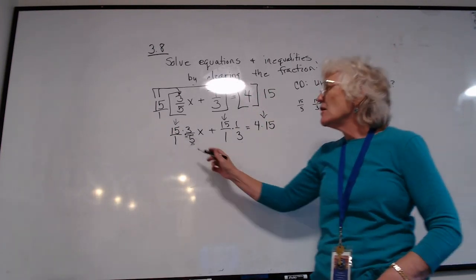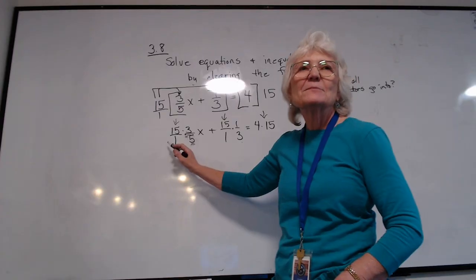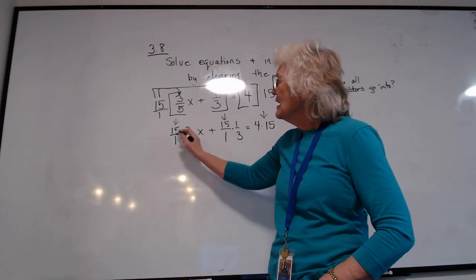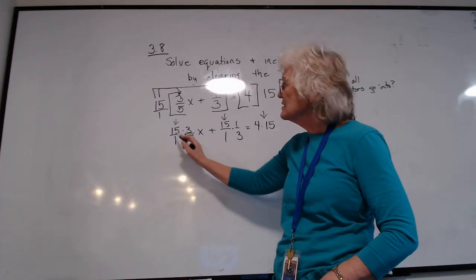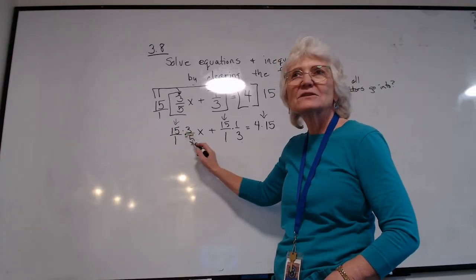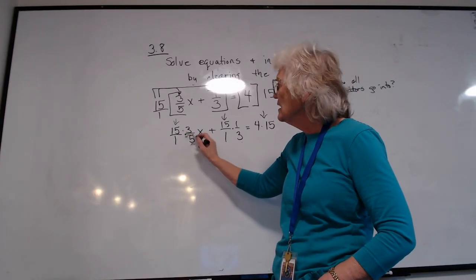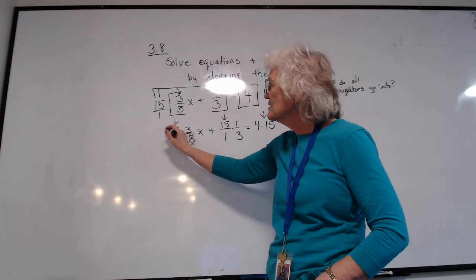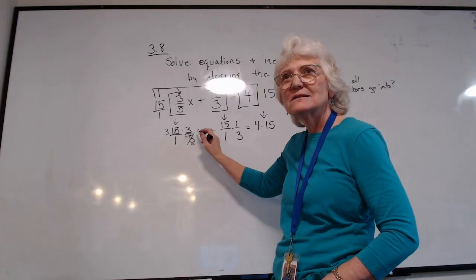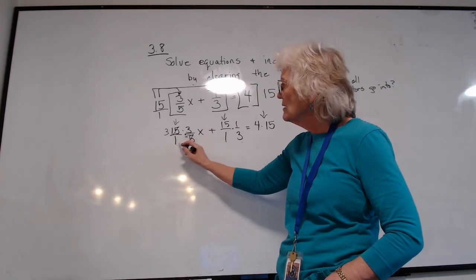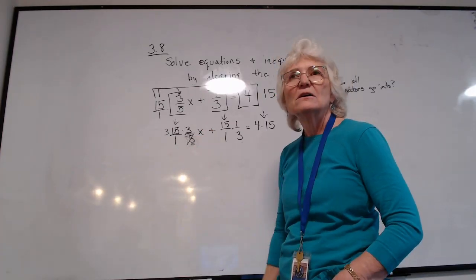Now, the key that makes this work the best: 15 divided by 5, what does that give you? Because that's really what this is. 3. So we can change this to 3 times 3x. Because what's going to be on the bottom? A 1 and a 1.